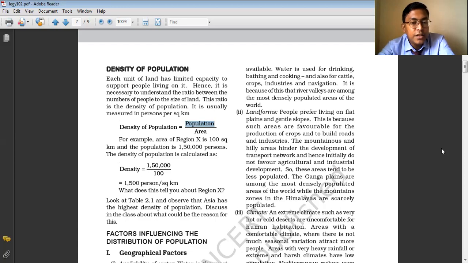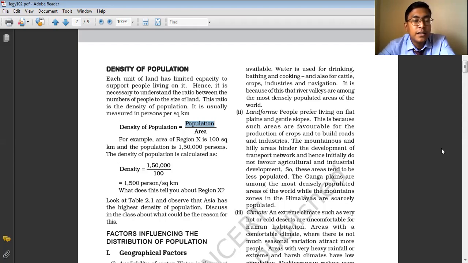If we divide the total population of A, 1,50,000, by the total area, 100 square kilometer, we find that 1,500 persons per square kilometer is the average number of people in place A. This is the population density. Population density is the average number of people living in a per unit area.